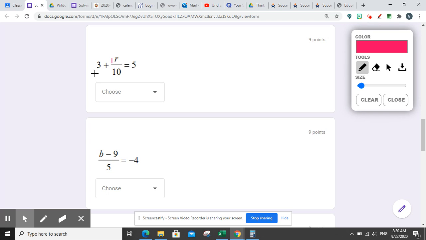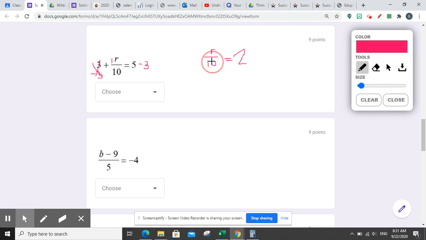I got to do the inverse of positive 3, which is, right, negative 3. So 3 minus 3, that is 0. That cancels out. What I do to one side, I have to do to the other. So minus 3. So now what is 5 minus 3? Right, it's 2. So I'm going to bring down what I have. 2 is equal to, and then I'm going to bring the r over the 10.